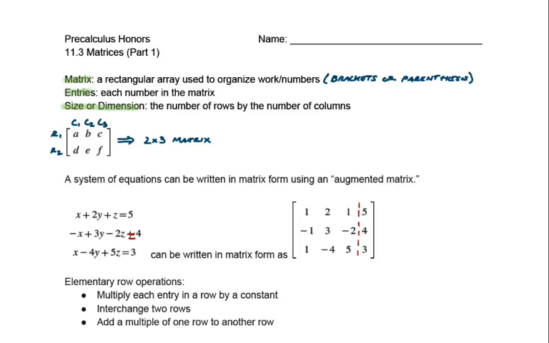And the last one, which is one of the bigger steps that we'll need to understand, is how to take 1 row, multiply it by a constant, and then add that to another row.